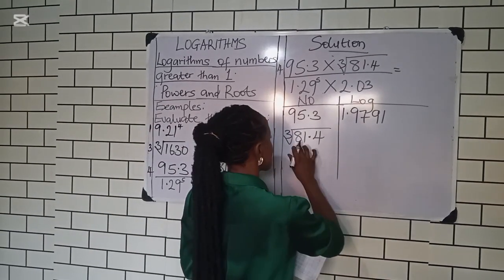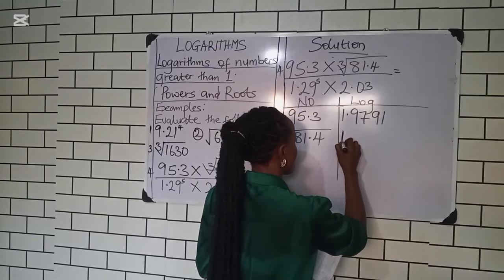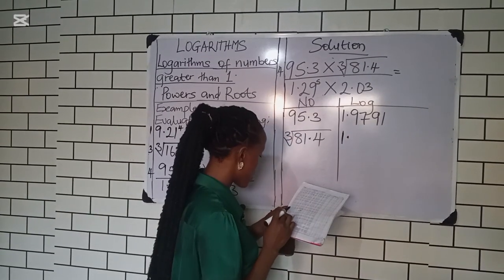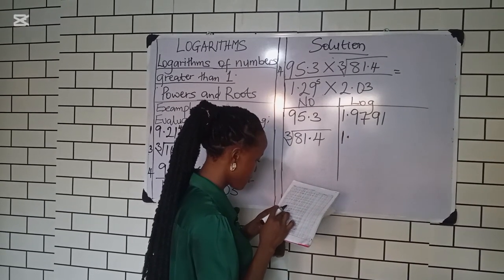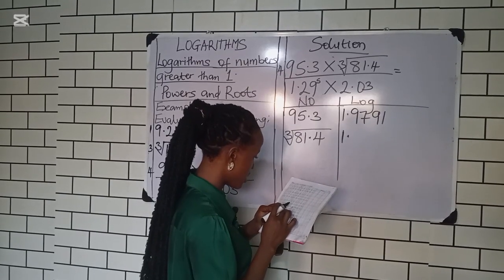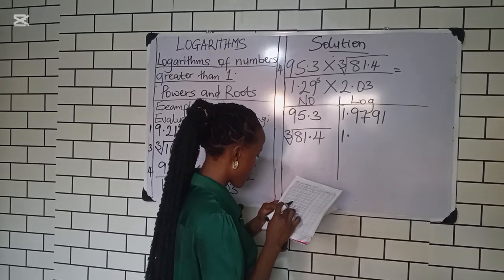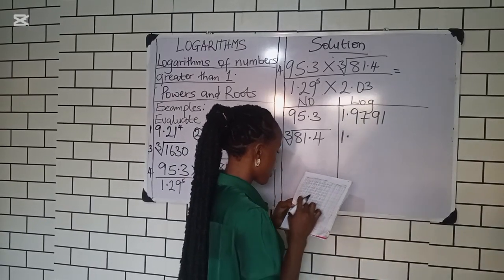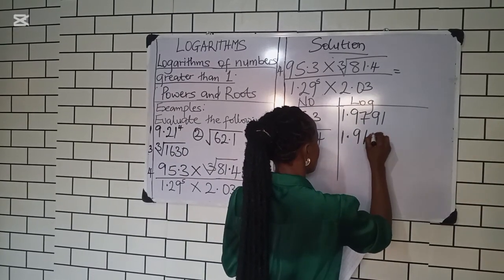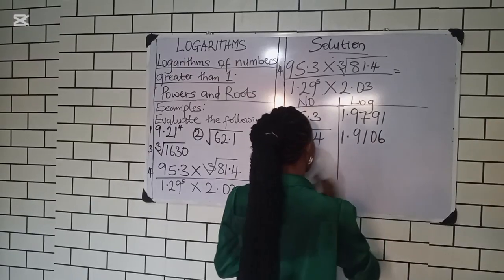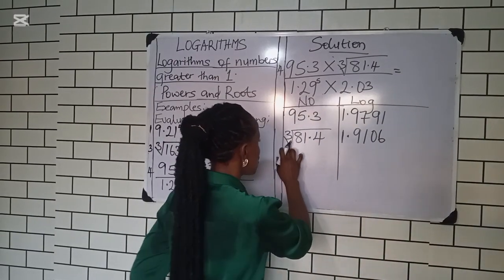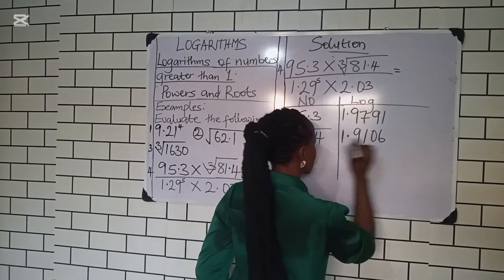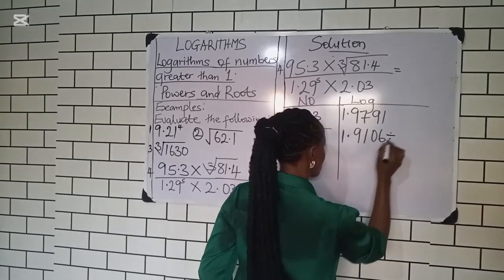And we do not write the characteristic; the characteristic of this one is 1 point. Here we have the cube root, therefore we're going to divide this by 3.